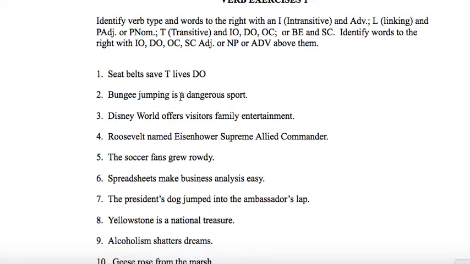Let's do another one. We see this is a is verb, so that's one of our be verbs, and that means that this would be a subject complement, and since it's a noun phrase, we know it's a subject complement noun phrase. And that's how you're going to identify those.